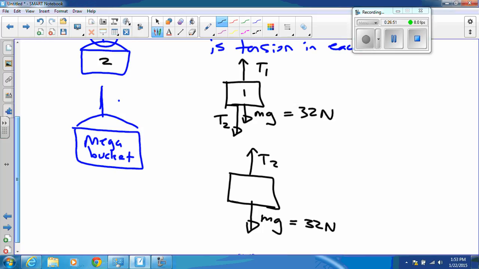Part A wants to know what is the tension in each cord when these buckets are at rest. And I'm going to just go ahead and call that 32, which equals 0. Exactly.